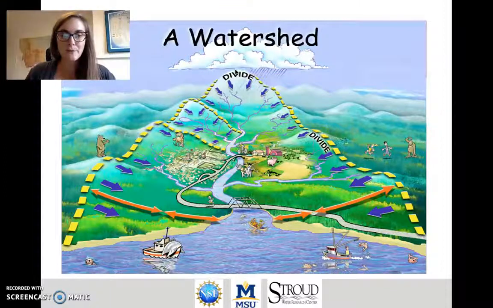In this diagram, you can see that water and sediment is moving through a variety of landscape types as it moves from high elevation to low elevation, including through things like agriculture or even urban settings.